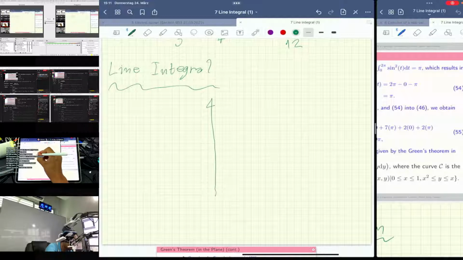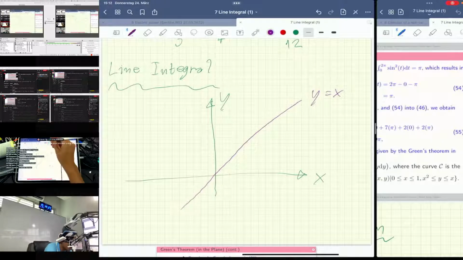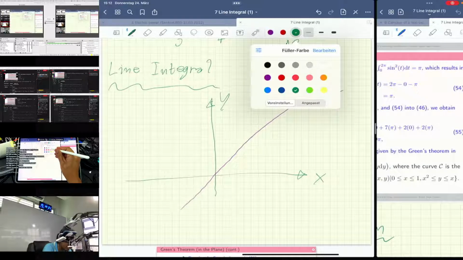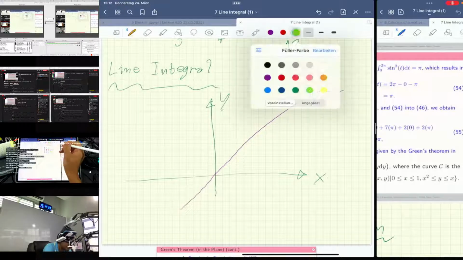This is y. This is x. The first curve is y equal to x. Y equal to x is this curve. And the second one is y equal to x squared, which is going to be somehow like this.